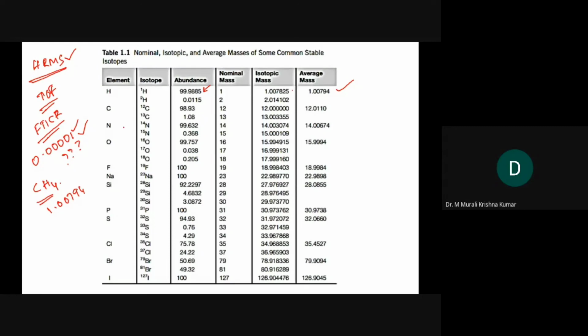The hydrogen atomic weight is 1.00794, so 4 times this, and for carbon we are taking 12.0110. If you do this calculation, you will get a value up to the fourth digit. So if two compounds have the same molecular weight, they can be differentiated by looking at these 4 digits.